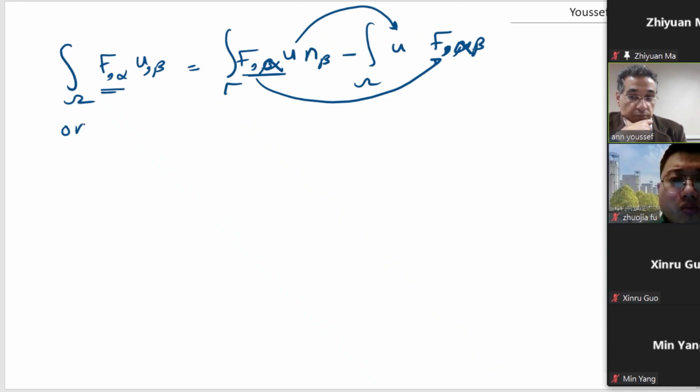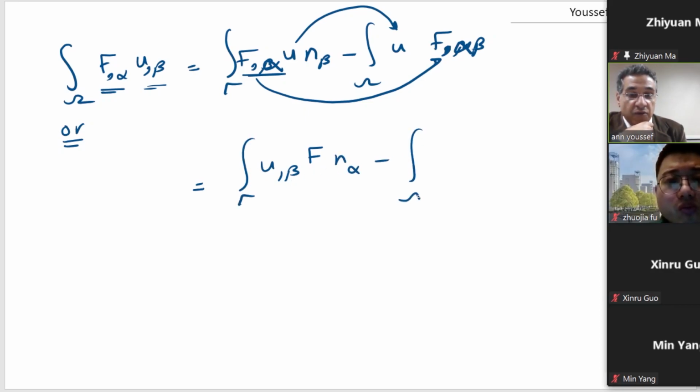Or the same integral could be equal: I will take this one as the first function, u comma beta, times the integral of this one, f times n alpha, minus the integral of the previous integral, f times the derivative of this one, which is u comma beta alpha.